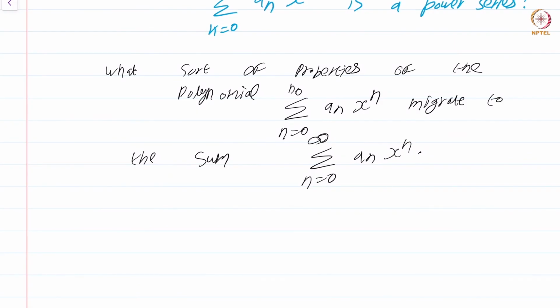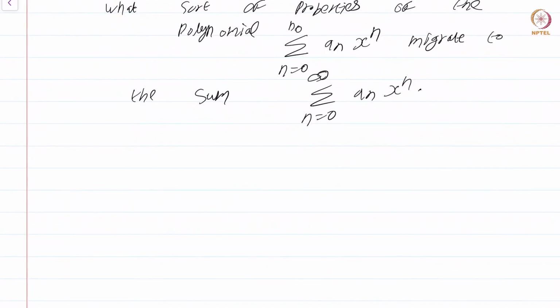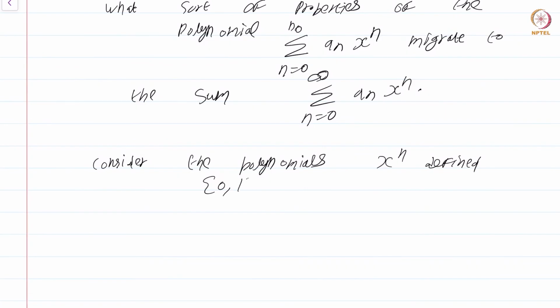In relation to these remarks, let's consider an example. Consider the polynomials x power n defined on the closed interval 0, 1.